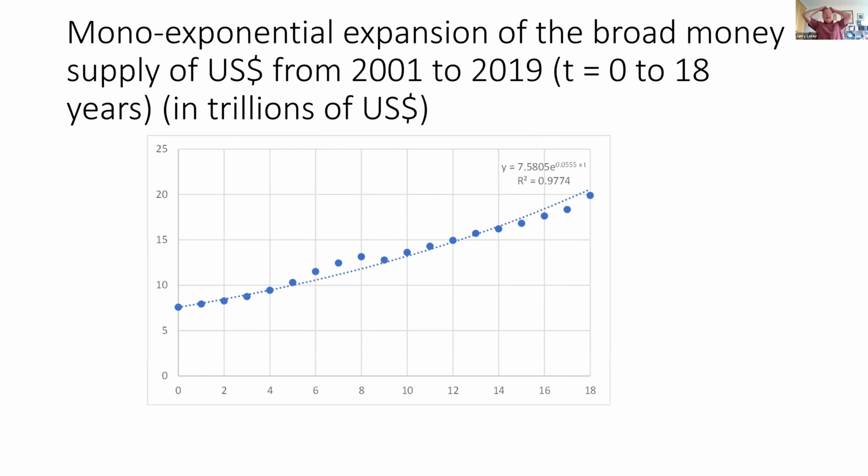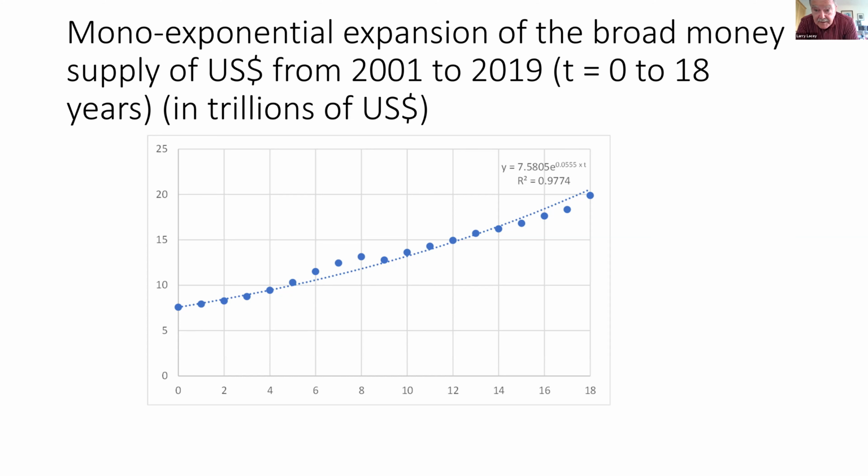So what we have here is effectively the US dollar money supply, a time series from the year 2001 to 2019.